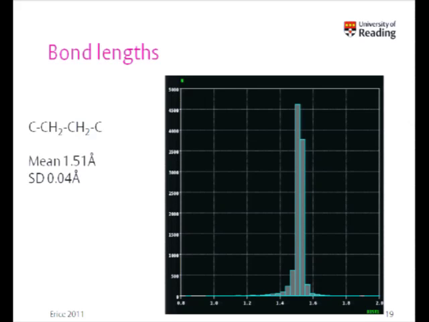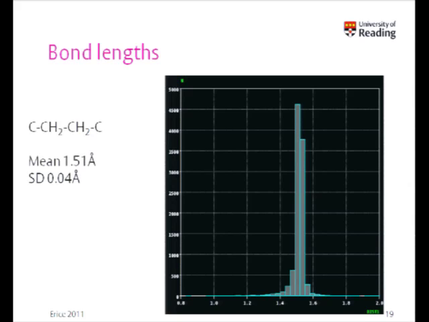It's very intuitive. You would expect that two atoms that are sitting bonded together will sit at the bottom of a potential well, and it will take quite a lot of energy to distort them from their equilibrium position. And within the crystal structures, you could do a search, for example, the bond length between this carbon here and this carbon here, and you find a very sharp distribution with a mean of 1.51 plus or minus a very small standard deviation.